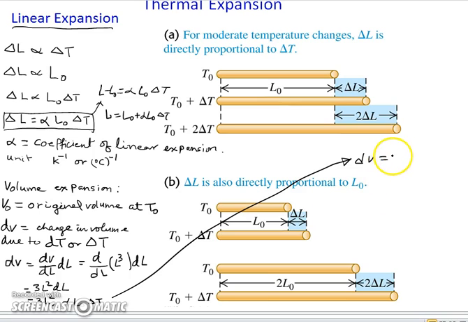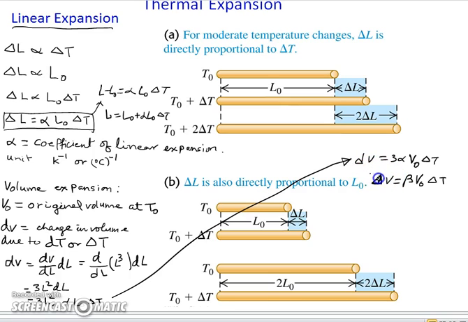So 3 alpha, L naught cube is my original volume V naught, right? And then I write delta T. So dV is equal to beta V naught delta T.